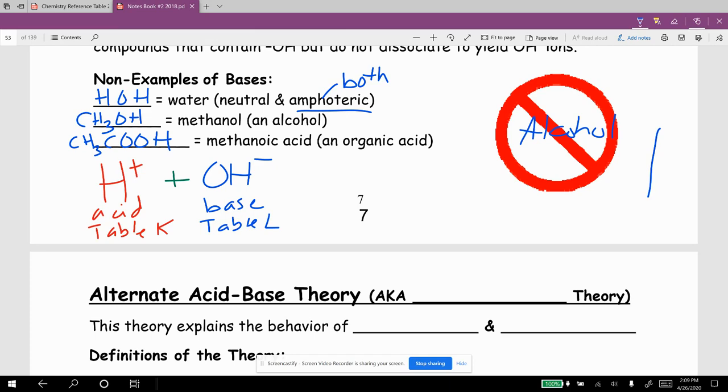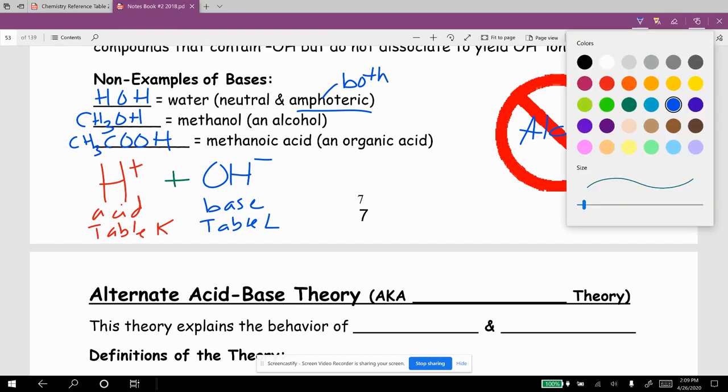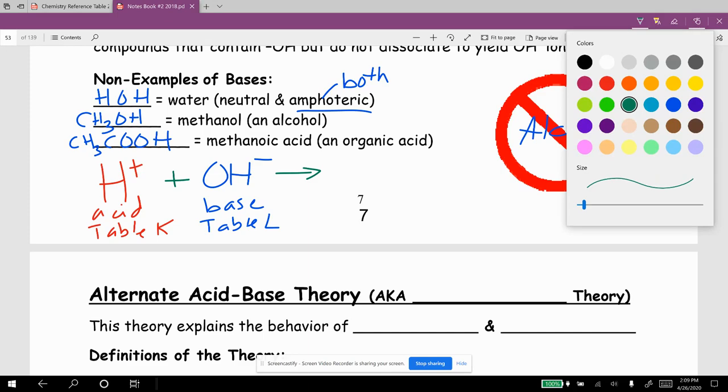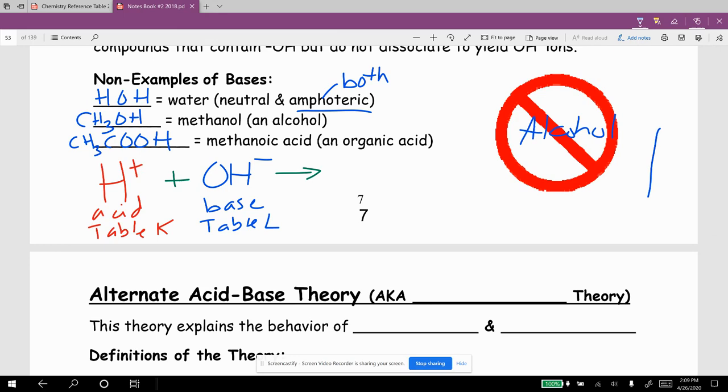So we have our acid and our base, table K and table L, our hydronium ion and our hydroxide ion. Now these two things get together and they yield, or produce, a salt and water. So H plus and OH makes HOH, neutral. They neutralize each other. So an acid and a base make a salt and water.